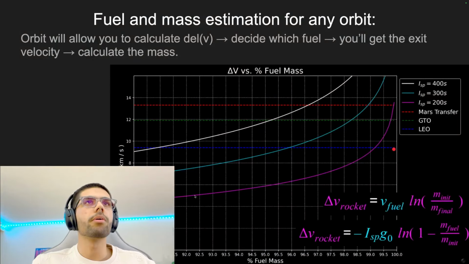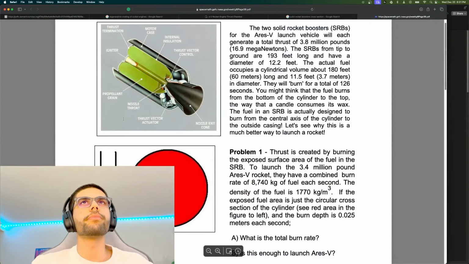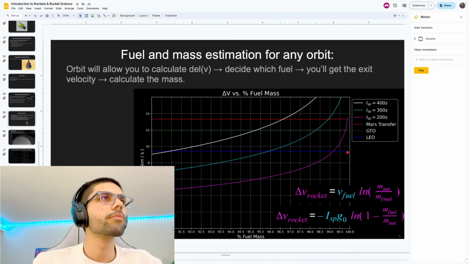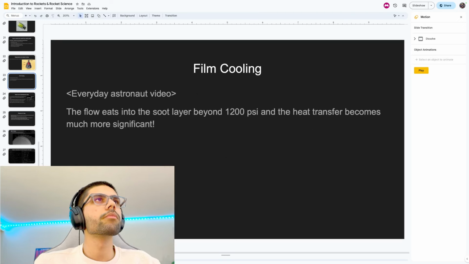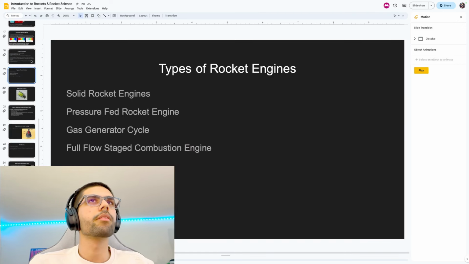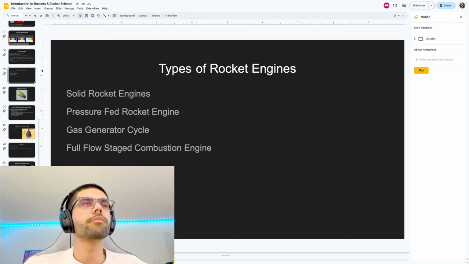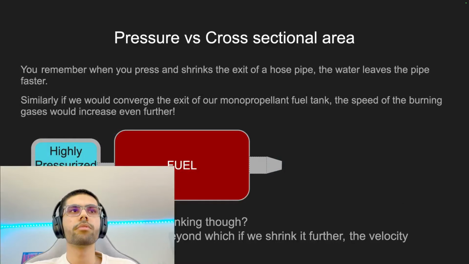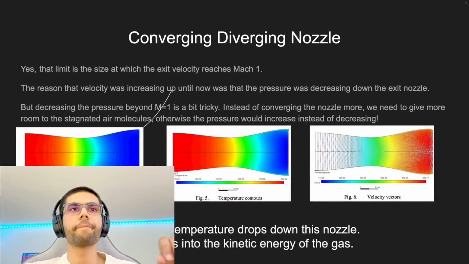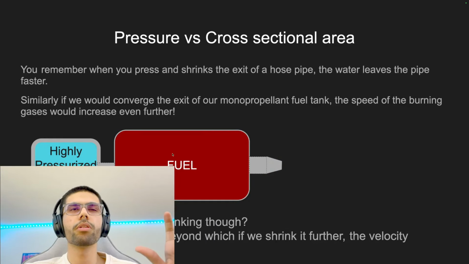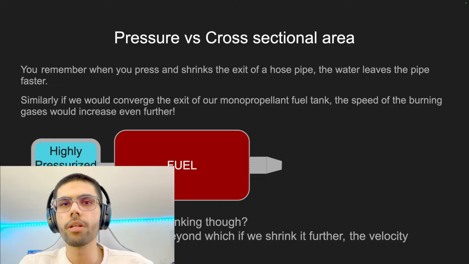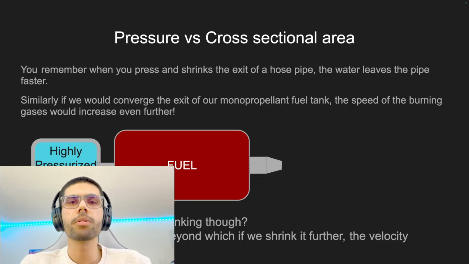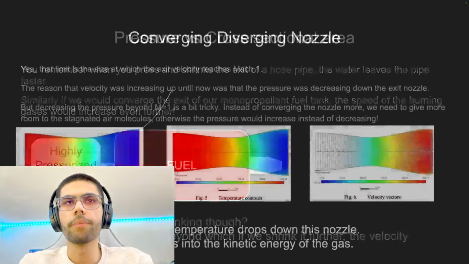So let's talk about engine cycles. We call this setup a pressure fed engine, but this is one of the many possible types of rocket engines that you can make.